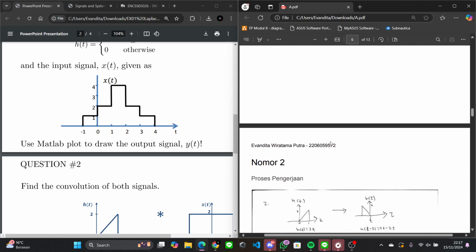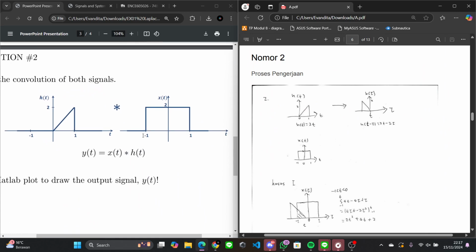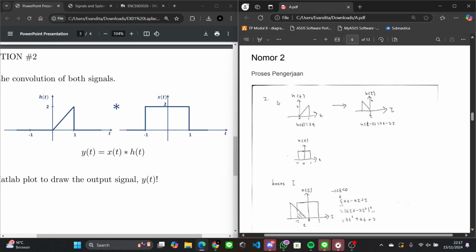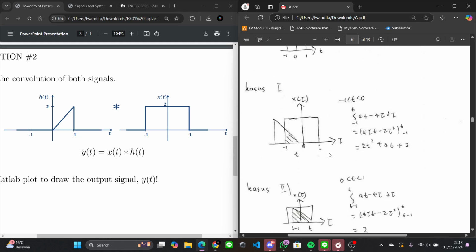Okay, next to question number 2, you've got the convolution of this signal. First of all, because this is the h(t) signal, we can convert it to h(t - tau). And we got this value and this graph. And all we need to do is do the same thing.